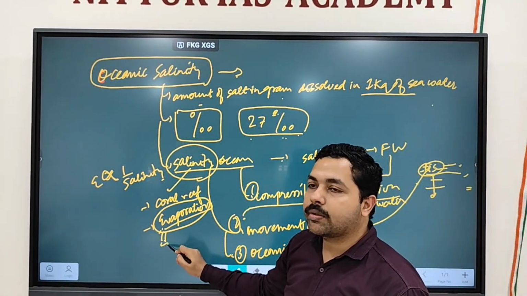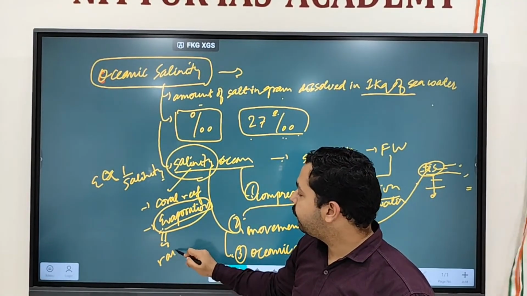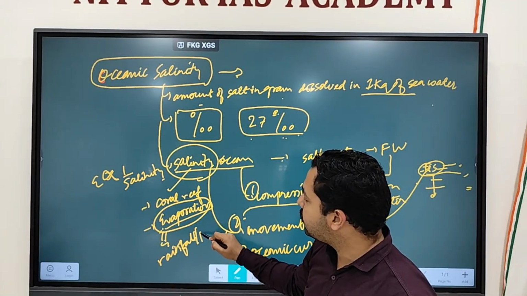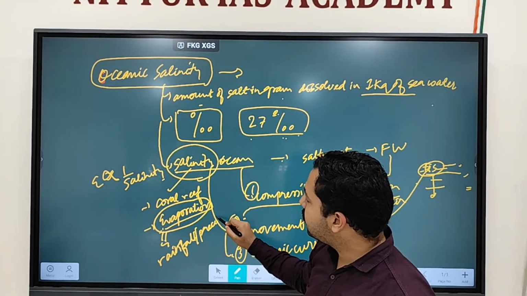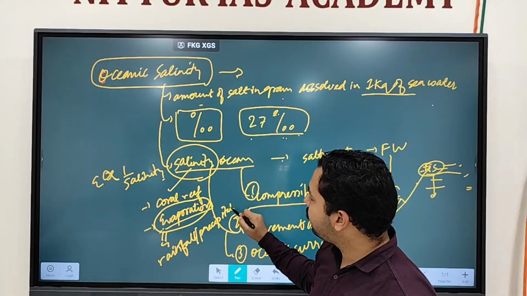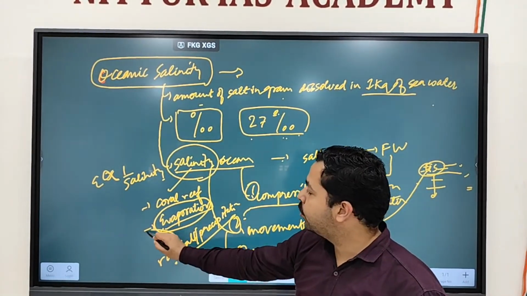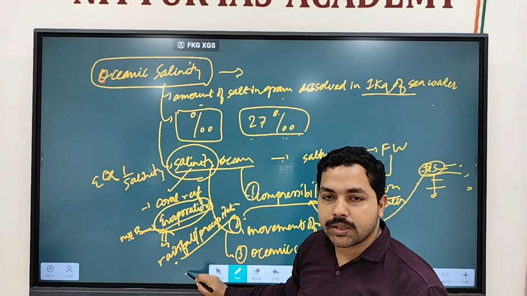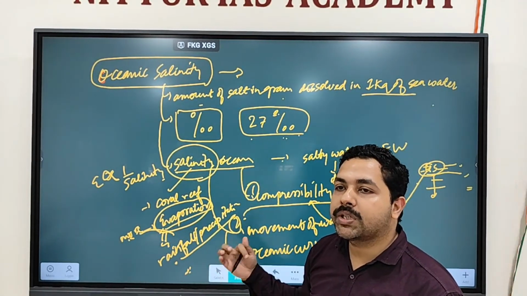When evaporation is determined, what will happen? Rainfall or precipitation, because moisture in the air determines your rainfall or precipitation. Clear? More evaporation means more moisture in the air, and more moisture in the air means more rainfall, more precipitation will happen.